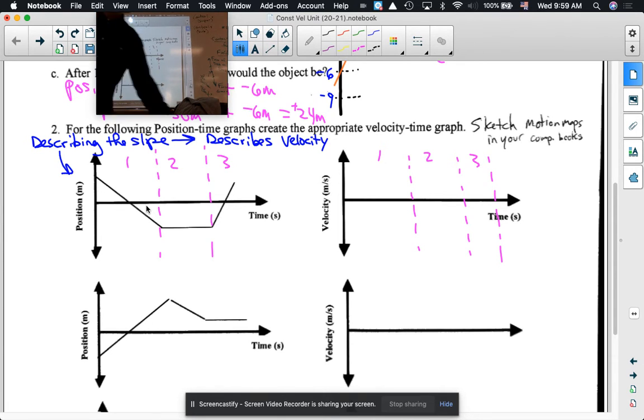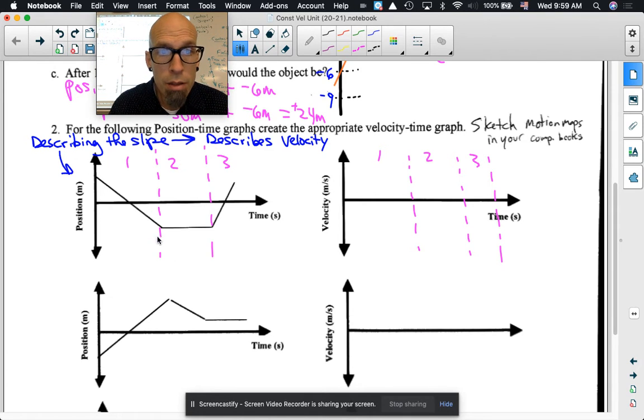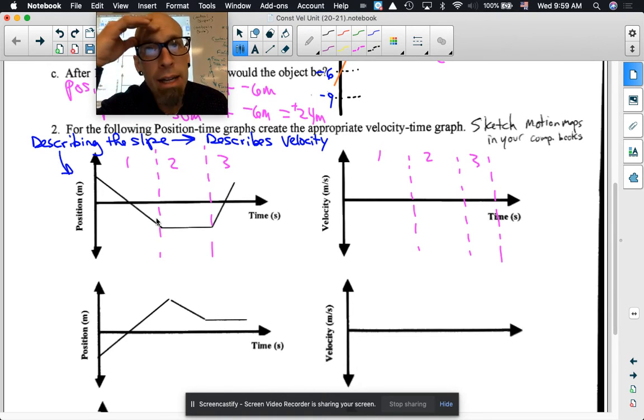The velocity. The words that you use to describe the slope are the same words that describe velocity. Now, do not say going down. It's going down. It's steadily going down. That does not describe the slope. That's describing the line itself and where the line's going. I'm not trying to describe that. I need to describe the actual slope.